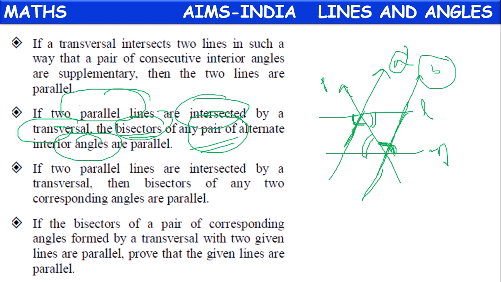This line is bisecting this angle, and this line is bisecting this angle. So then these two lines A and B also will be parallel.